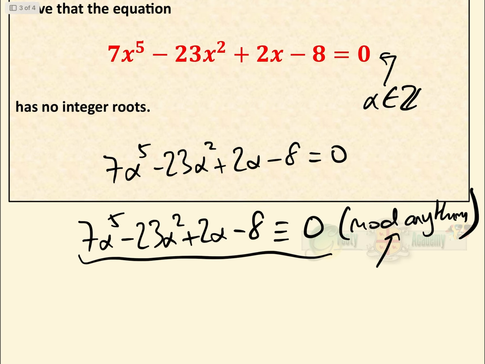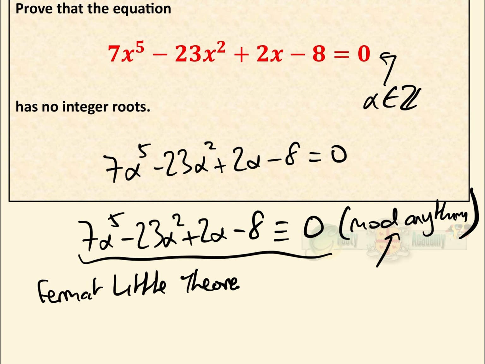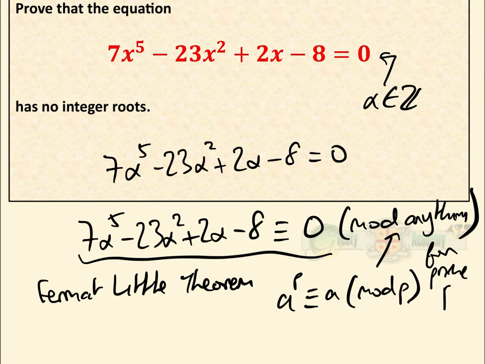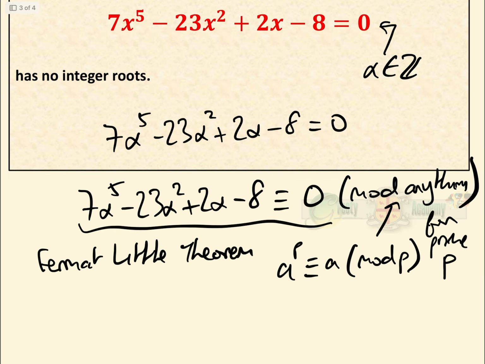Okay, so now let's have a look at Fermat's little theorem, because we're going to use that. Fermat's little theorem states that a to the power of p is equal to a mod p for any prime p. So if we look at mod 3, we can say that a cubed is equal to a mod 3 by Fermat's little theorem.